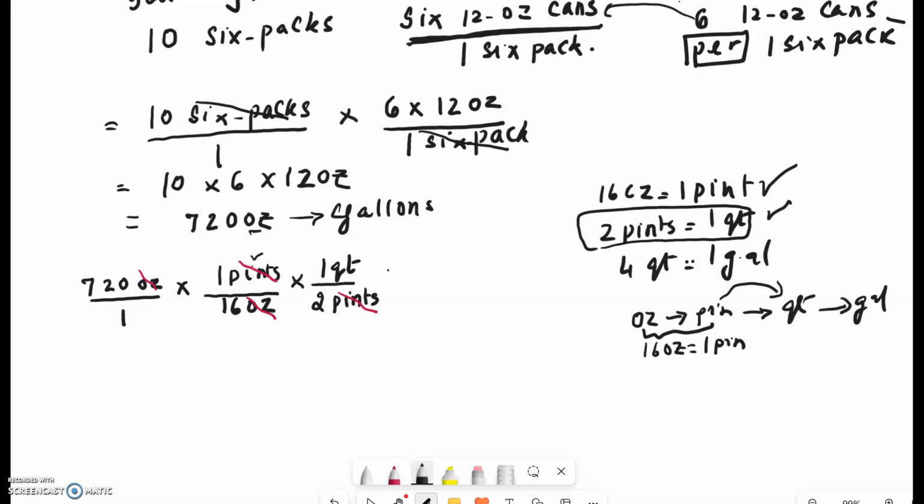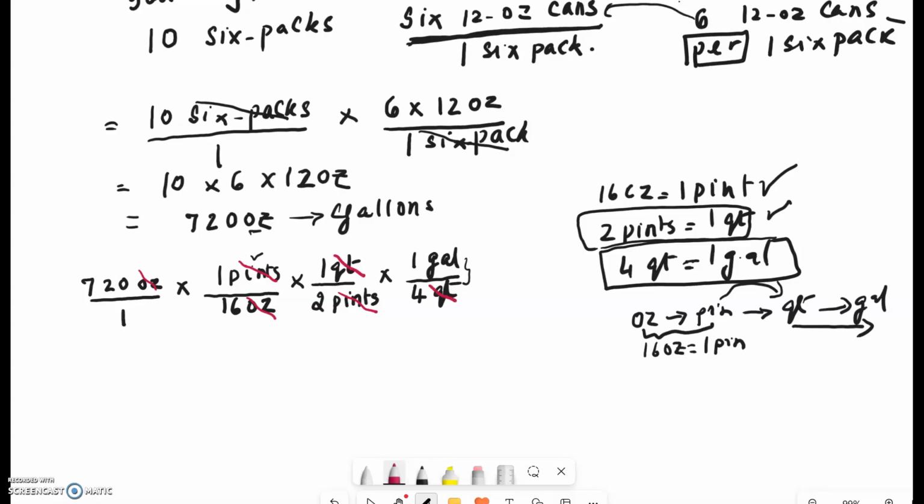The next step is the conversion from quarts to gallons using the equation 4 quarts equals 1 gallon. So we have 4 quarts in the denominator because we want to cancel the quarts, and 1 gallon in the numerator. These two are the same, and that's the reason we are able to multiply it.